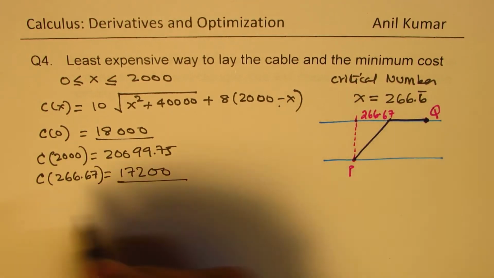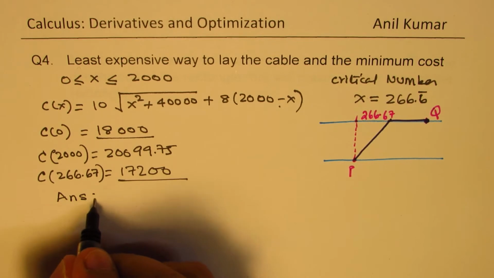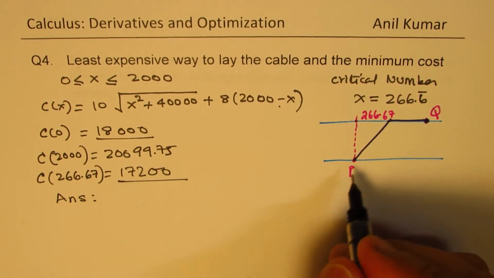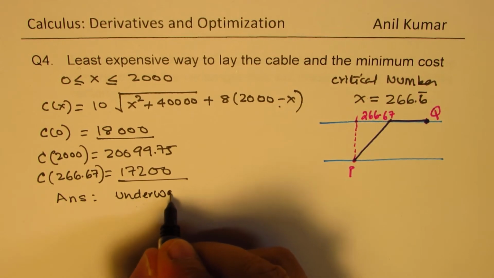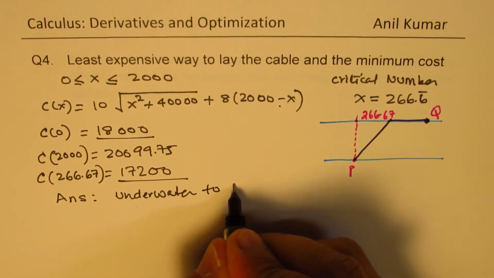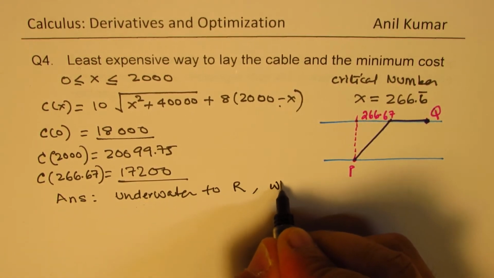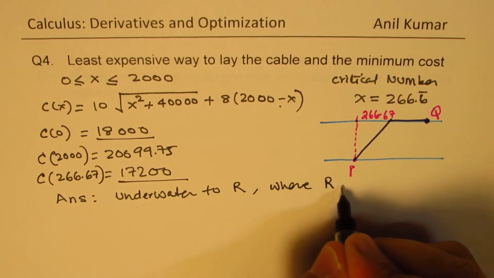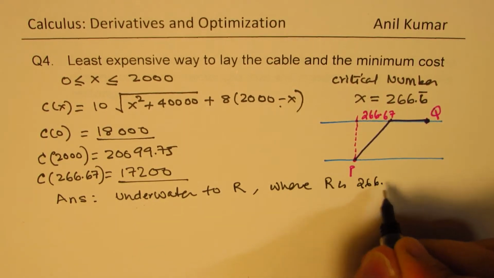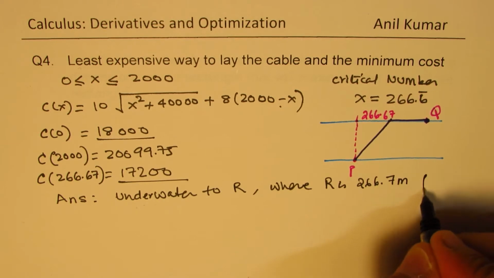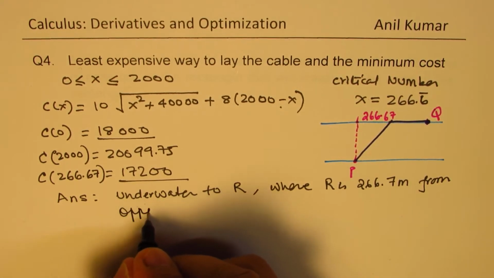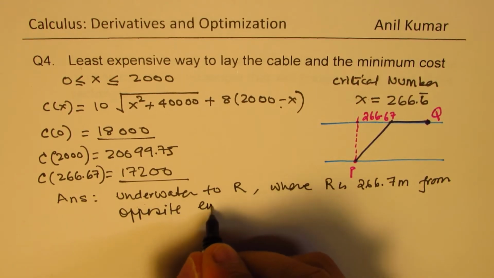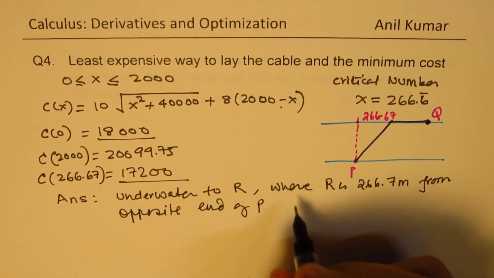So we get our answer as: underwater it runs to R, where R is 266.7 meters from the opposite end of P, right?